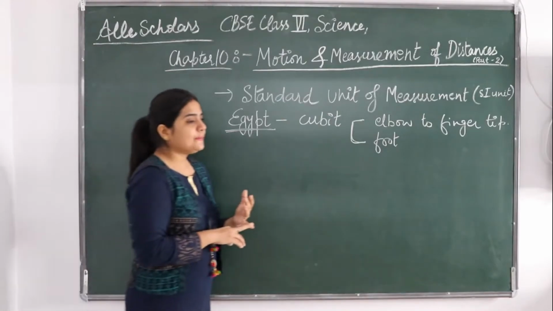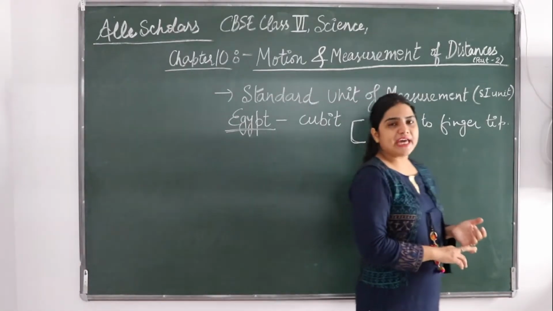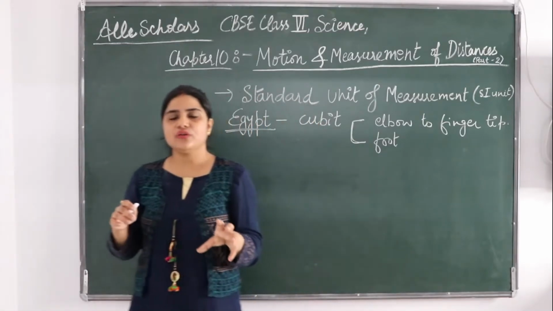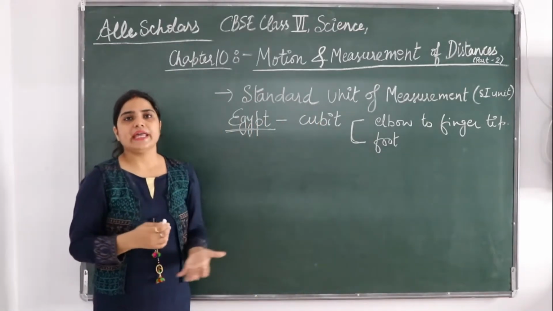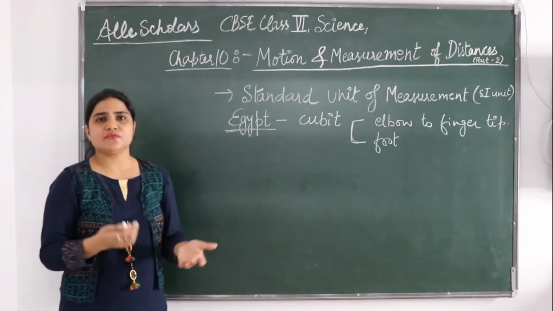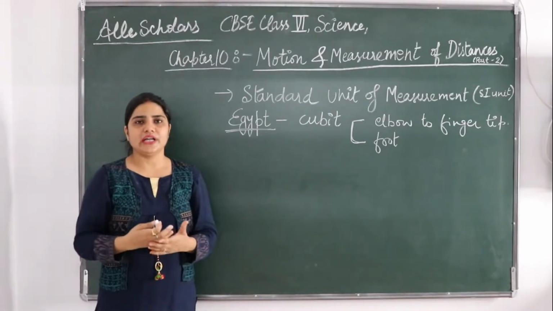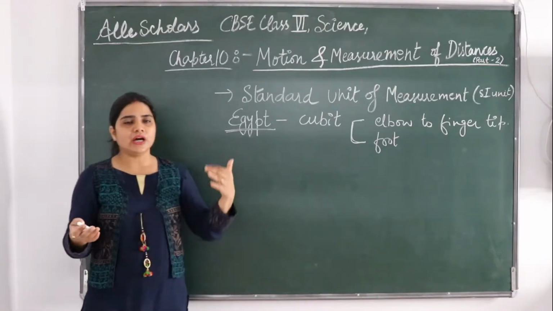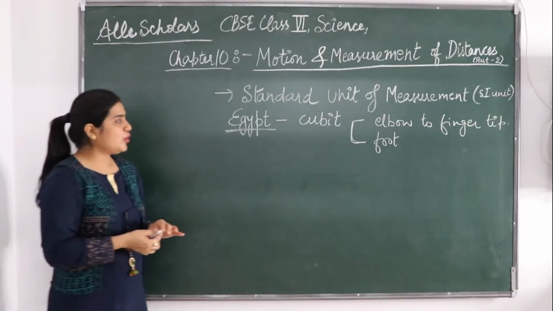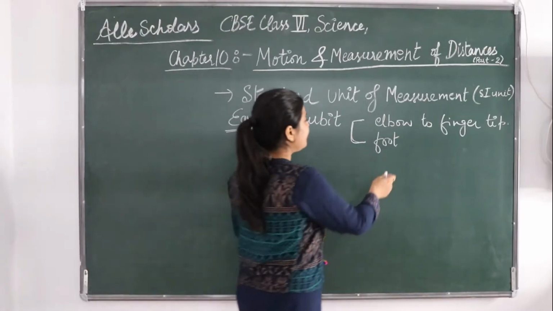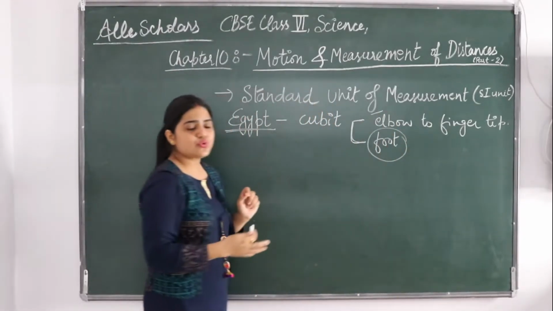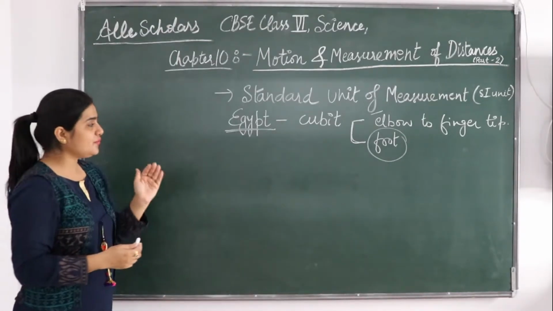The length of the foot varied from region to region, because somewhere people are short-heighted, somewhere people are very long-heighted, so they have a big foot, and some people have a small foot. So this foot measurement or elbow measurement used to vary from region to region, from people to people.